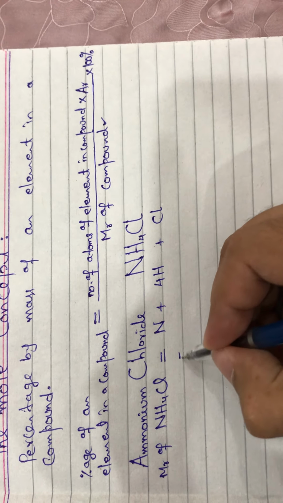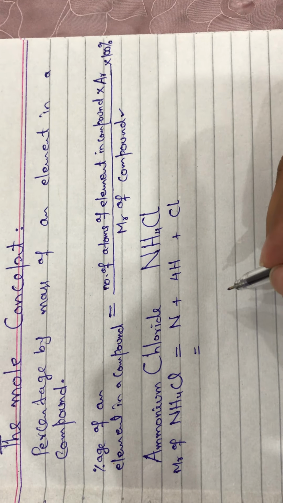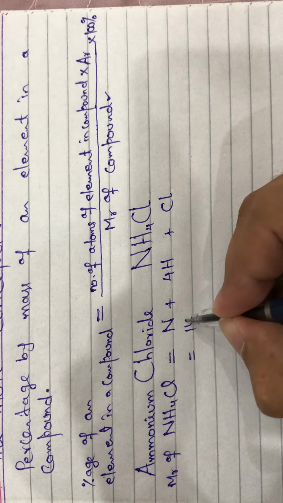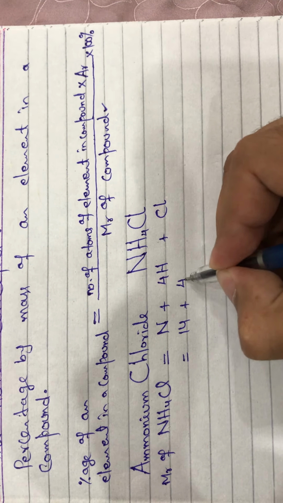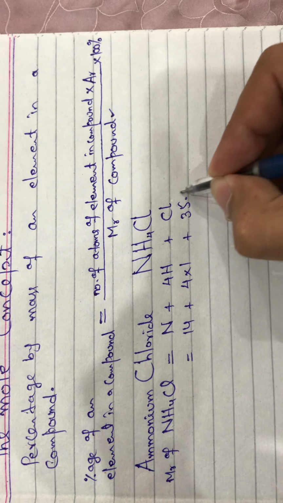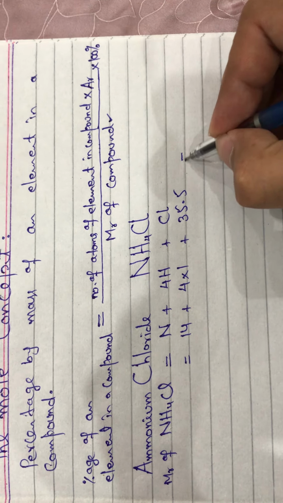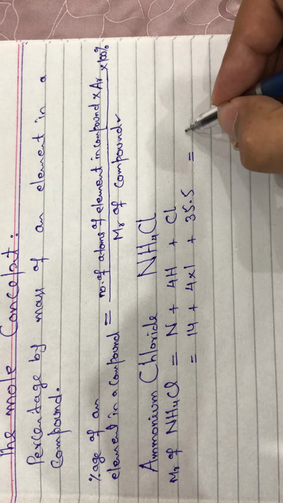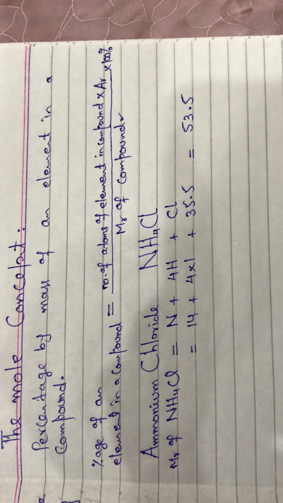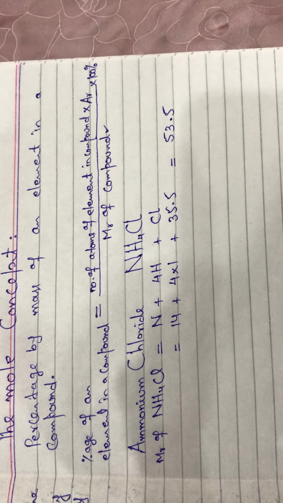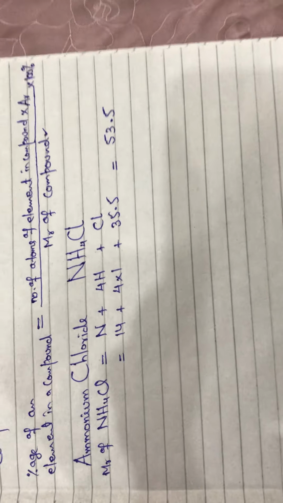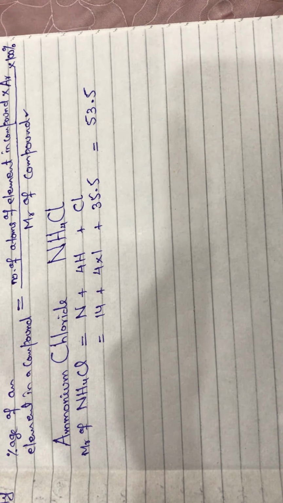The atomic mass of nitrogen from the periodic table is 14, plus 4 times the atomic mass of hydrogen, which is 1, plus 35.5. When we get the sum, our answer will be 53.5. This is the molecular mass of this compound.